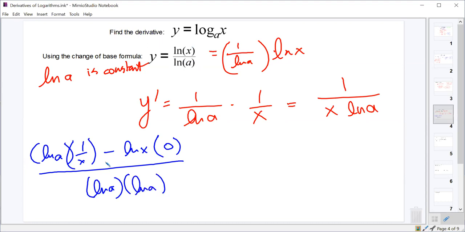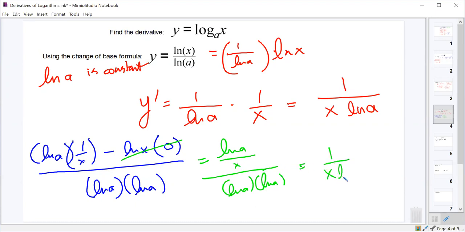And so this whole term here would cancel out, and we'd have natural log of a over x all over natural log of a times natural log of a. And if we were to simplify that, these natural logs of a would come up here with this x, and one of them would cancel, and we'd end up with 1 over x ln a.